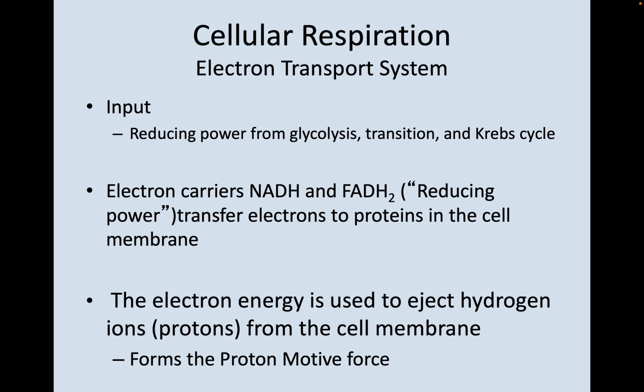So these hydrogen ions, these protons, are pumped from inside the cell to outside the cell membrane. And that gradient of hydrogens, that buildup of hydrogens outside the cell, makes them want to move through the cell membrane badly. And that's what forms the proton motive force.